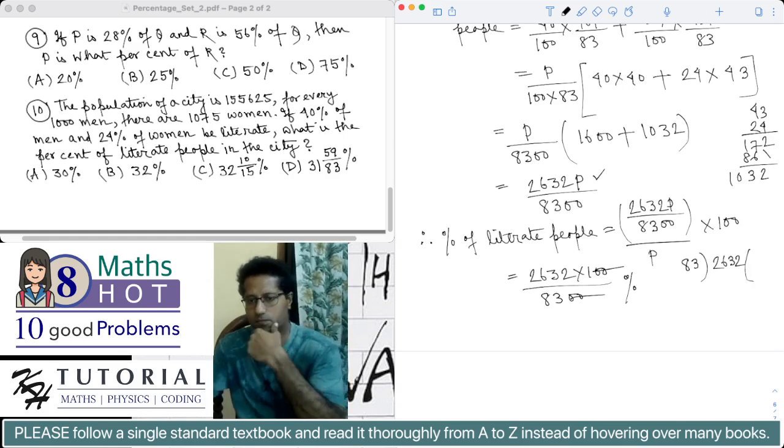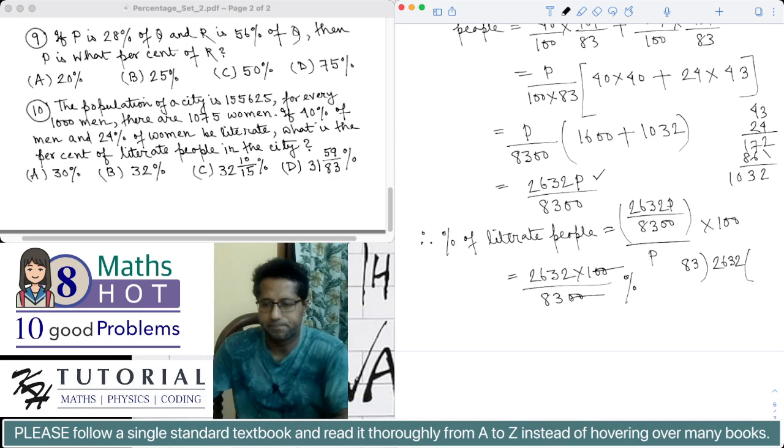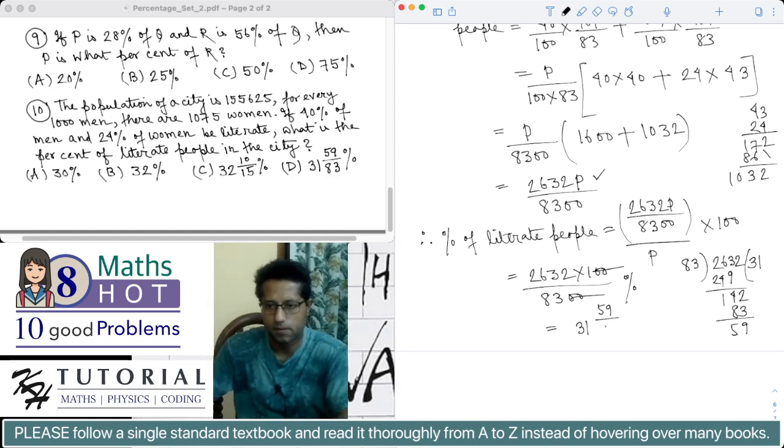It will be a kind of mixed fraction. So let's see, this is equal to 31 and 59 by 83 percent.